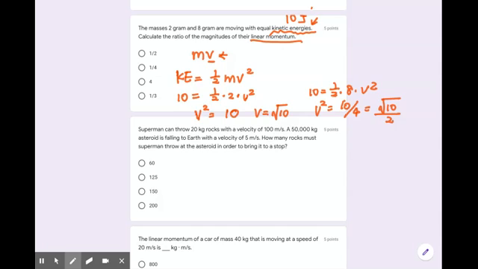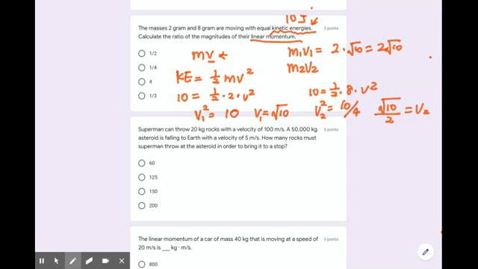So your momentum of the first object, m1 times v1, is 2 times root 10, which is 2 root 10.